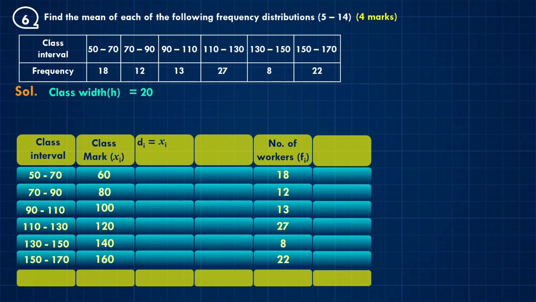Now let's calculate the di. So here we have to assume the assumed mean. Let's take 100 as assumed mean. So that is xi minus 100. So now 60 minus 100, that is minus 40. In this way calculate the other values.